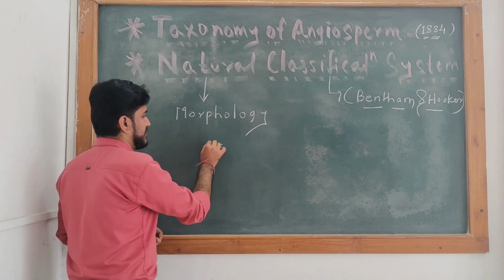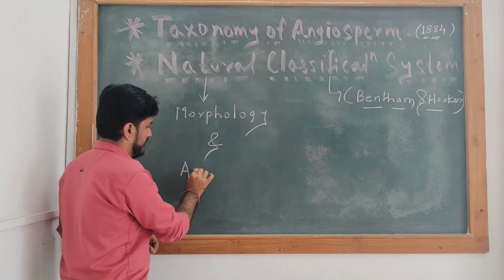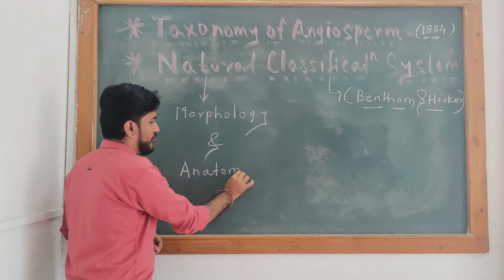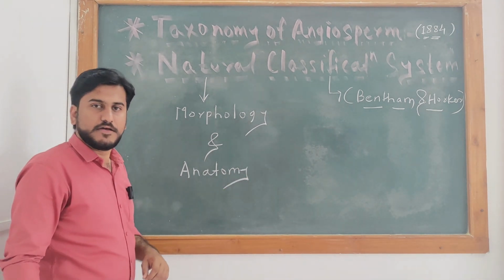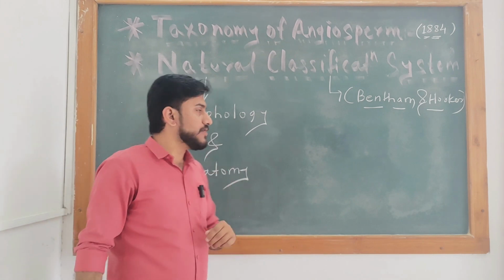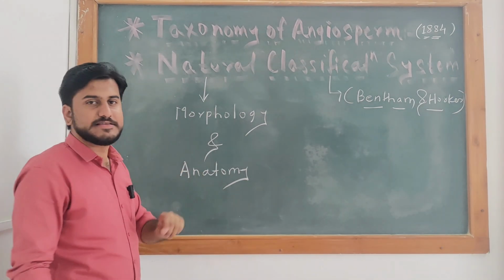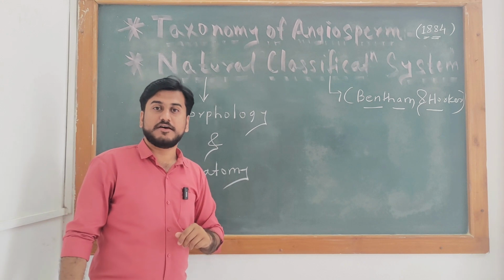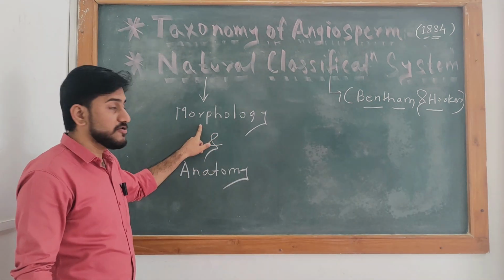And the second one is anatomy. Anatomy and morphology are opposite to each other. Studying the external appearance and characteristic features of the plant body is known as morphology.